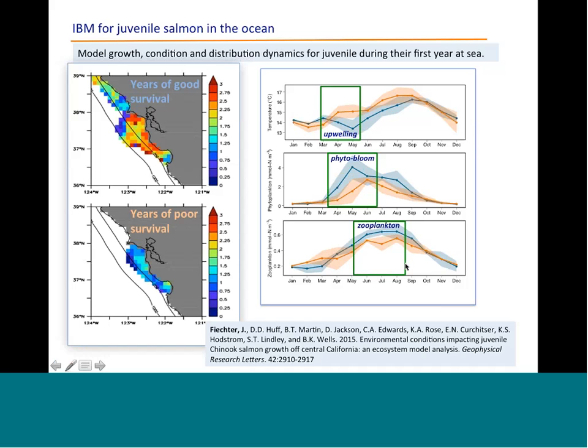And then from May forward, you get an increase in zooplankton. So in fact, this model is capturing not only the evolution of the system, we trust its data from a physical and biological standpoint. We can incorporate salmon behavior, growth, distribution, and then look at that related to survival, and actually understand the system beyond what we could actually sample.